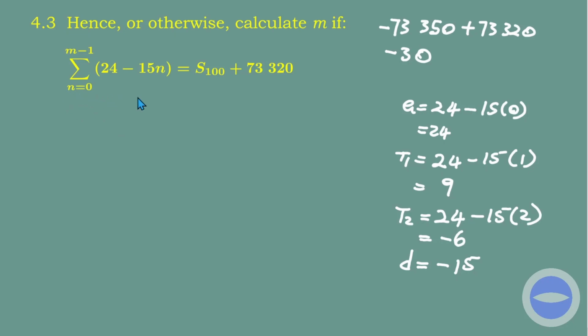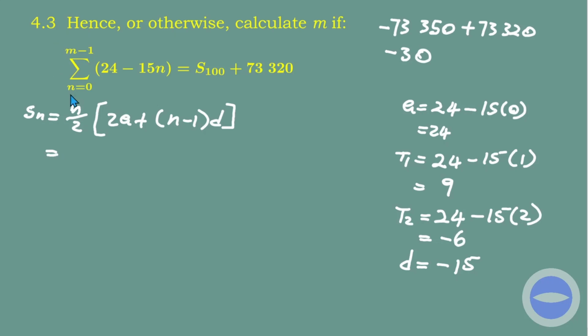So from here we will substitute for arithmetic. So the sum Sn equals n over 2, open bracket, 2a plus (n minus 1)d, and then close bracket.